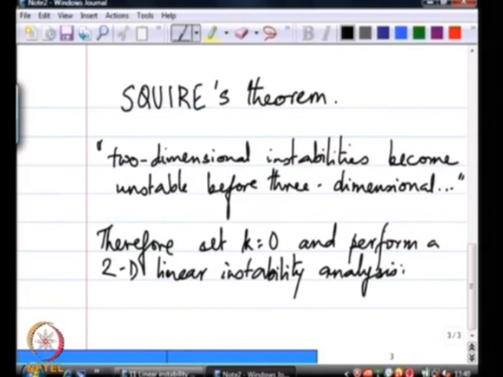So, if somebody ever asks you to perform a full 3-dimensional linear instability analysis, first look for a reason why the 2D would not give you the highest growth rate. So, if the flow direction is unique, then the only linear instability mode I need to consider is the one in the flow direction.